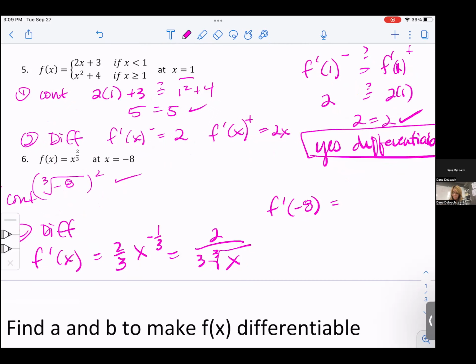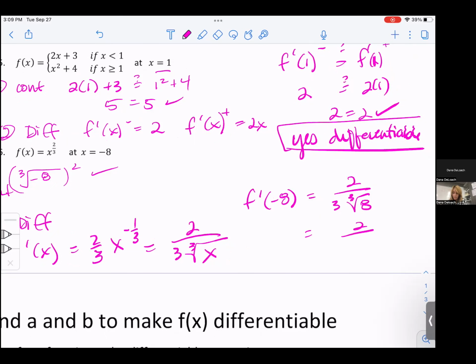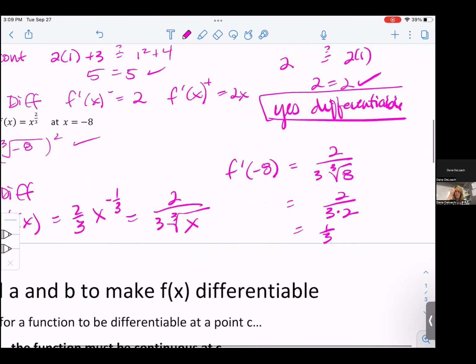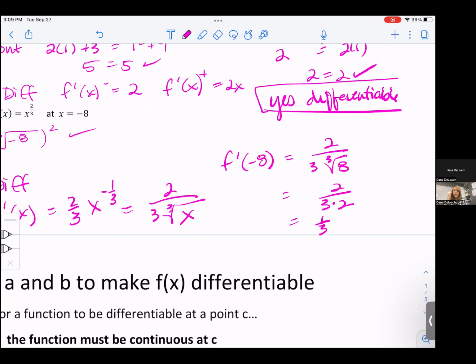And I'm going to put that 2/3 cube root of 8, which is 2/3 times 2, or 1/3. It's defined. It's going to be approaching the same number because I know it's continuous. So as long as it's continuous and the derivative is defined at that point, then yes. So yes, differentiable at that point.